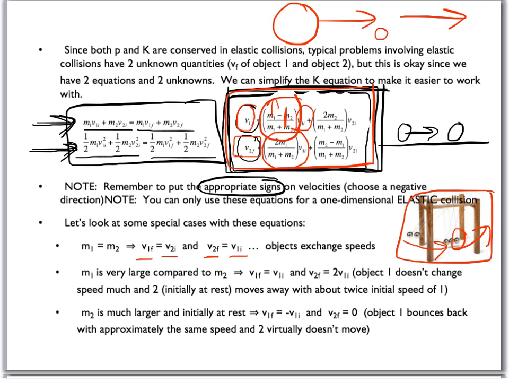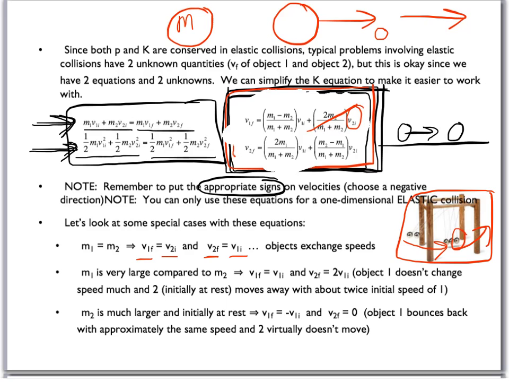The last scenario that we have here is what if M2 was much, much larger and maybe even initially at rest. If M2 was initially at rest, the initial velocity of object 2 would essentially be a 0. So this whole term would sort of go away. And what you'd find is that if M2 was really, really large, then that object would just bounce off of the other one. So this might be a scenario more like where you've got the bowling ball as mass M2 and a tiny little ping pong ball coming in at it where the bowling ball was at rest initially.